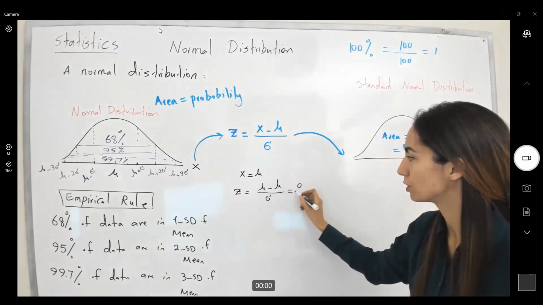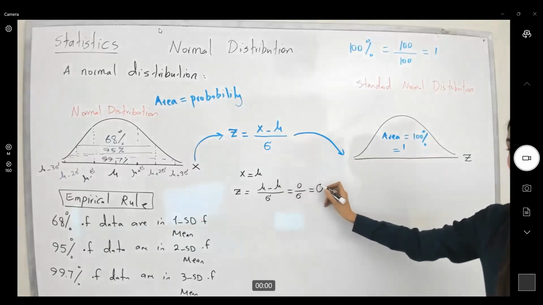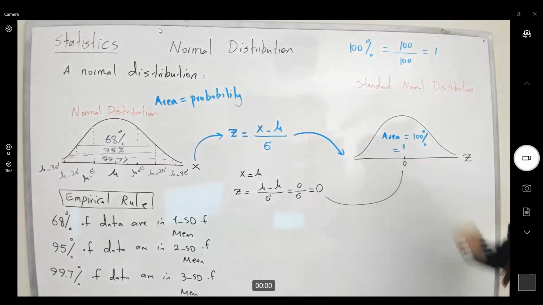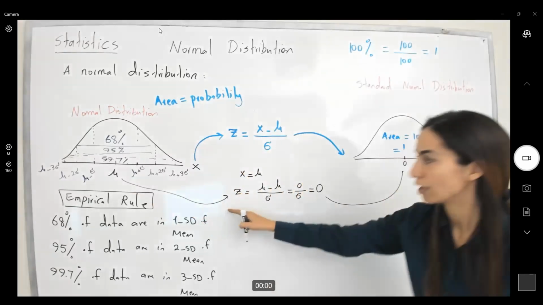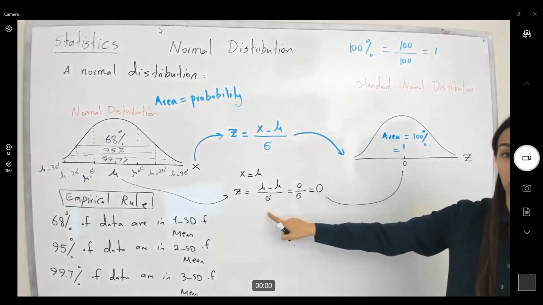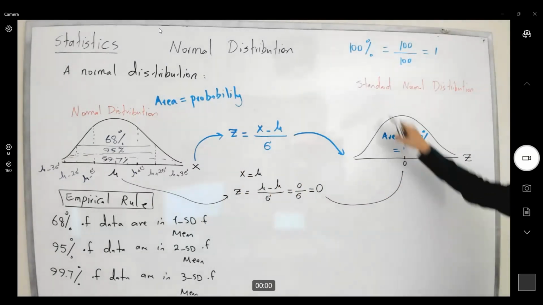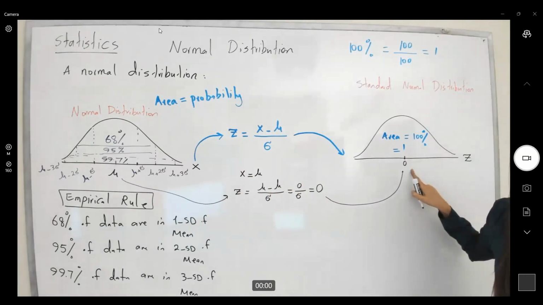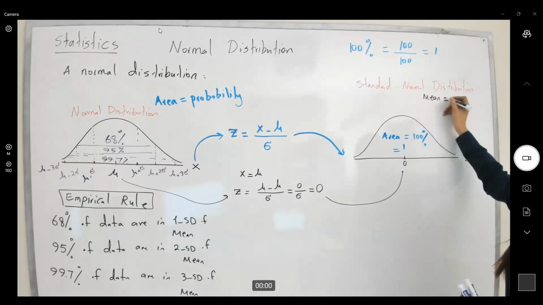We get 0 divided by 1 standard deviation, which is 0. I took the mean and plugged it into this machine and it gave me 0 back. So when it comes to the standard normal distribution, the mean is always 0.